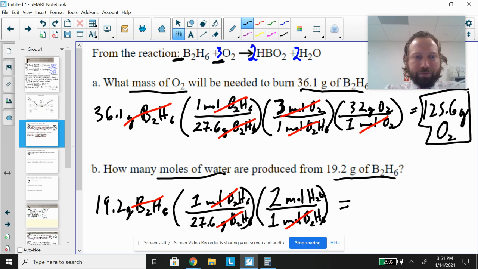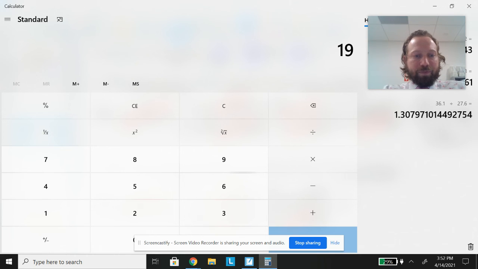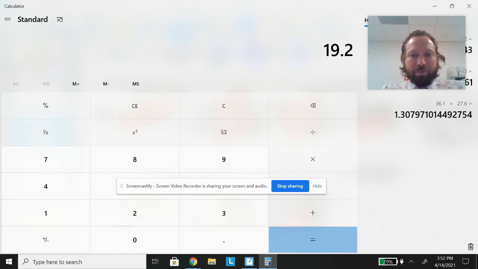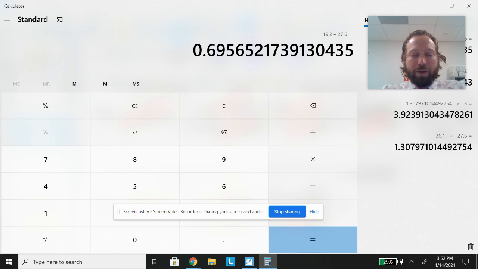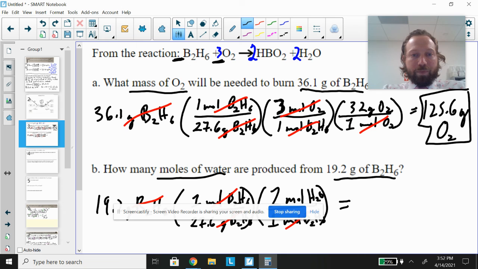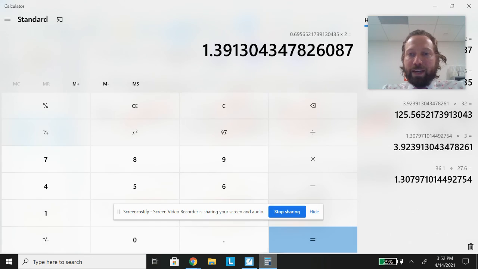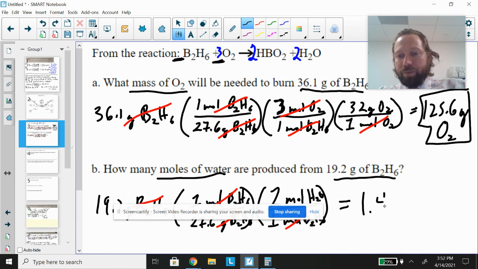And so I solve 19.2 divided by 27.6. And then we multiply by 2. And I get 1.39, call it 1.4 moles of water.